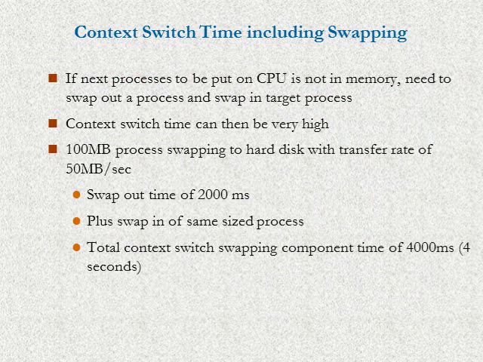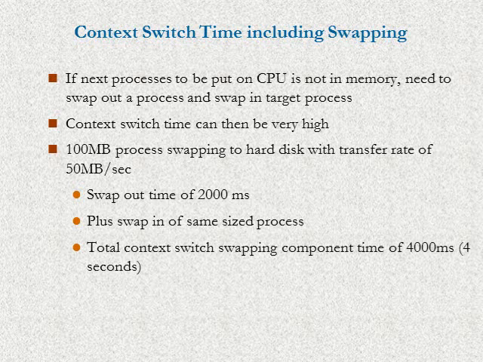This swapping is a costly operation because a lot of time is consumed while we are copying the data and instructions from the main memory to the backing store and vice versa. So now let's combine this concept of swapping with the context switching that we discussed in earlier modules.